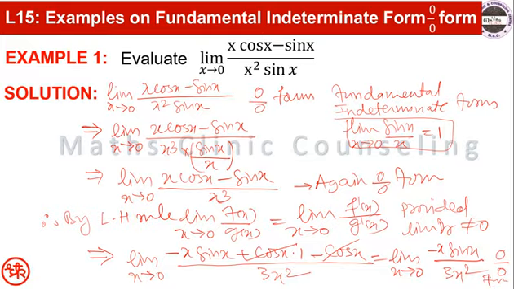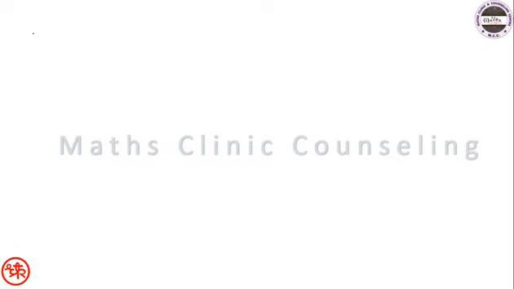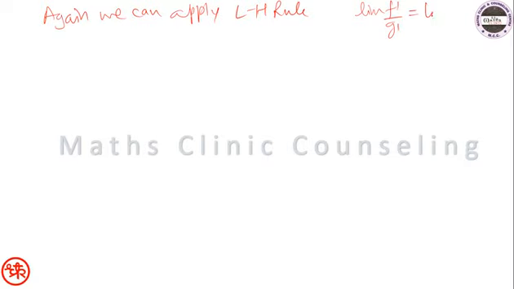Is that clear? And so again we can apply L'Hospital's rule. It means limit of f dash upon g dash is equal to limit of f double dash upon g double dash, provided the limit of the denominator does not equal 0. So this implies limit x tends to 0.